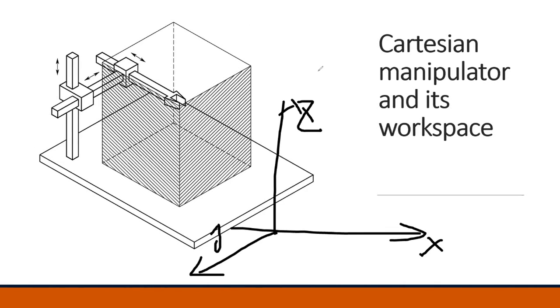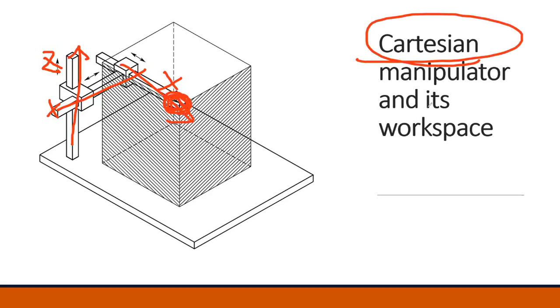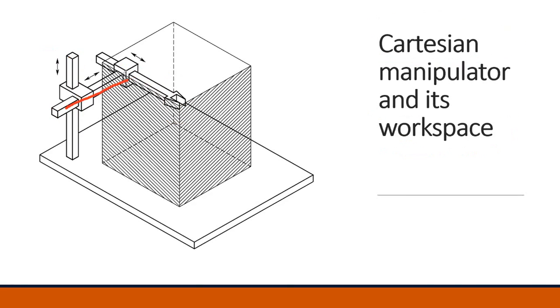So in this Cartesian robot manufacturing, you control things using, let's assume this is X, this is Y, and this vertical is Z. So basically, you are using the XYZ to control your endpoint. That's called Cartesian manipulator. And another word is called workspace. Workspace is based on such prismatic joints at the base, where your endpoint can reach is called its workspace.